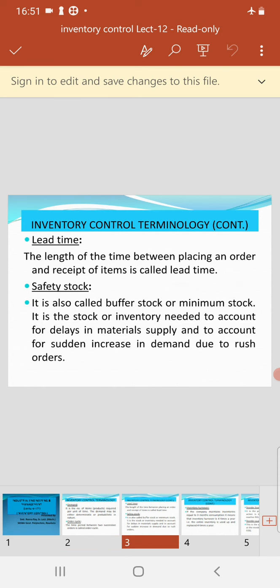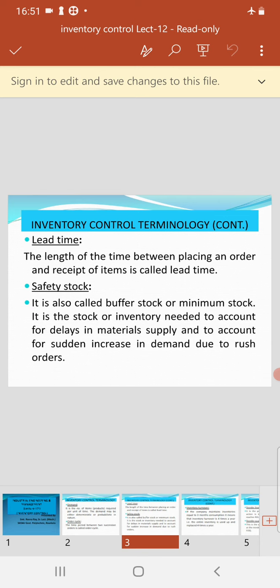Next is lead time. The length of time between placing an order and receipt of items is called lead time. When the order has been placed, after how many days or months the order is received, that gap is known as lead time.